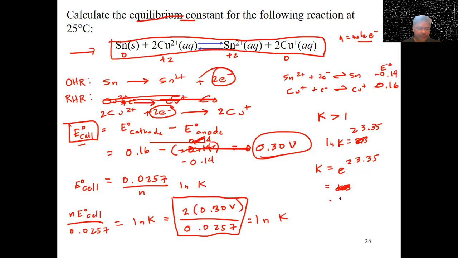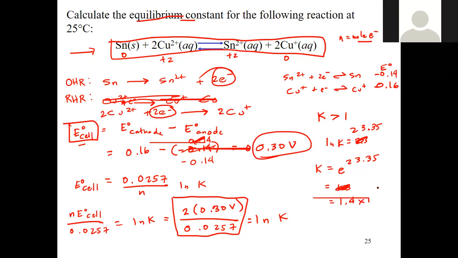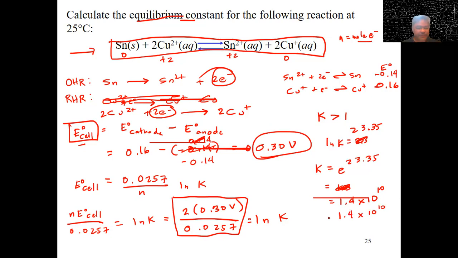I get around 1.4 times 10 raised to the 10, or 1.37 or 1.38 times 10 to the 10. So what does this value mean? It confirms our prediction that the K is more than 1.